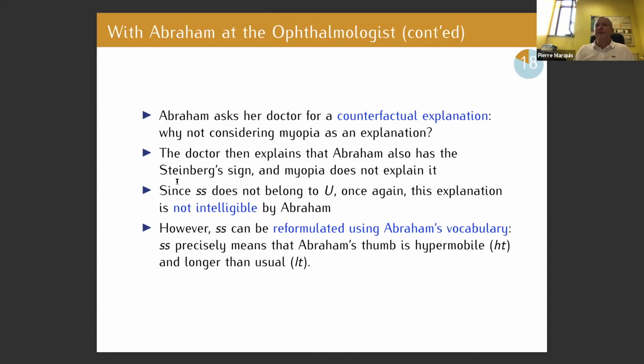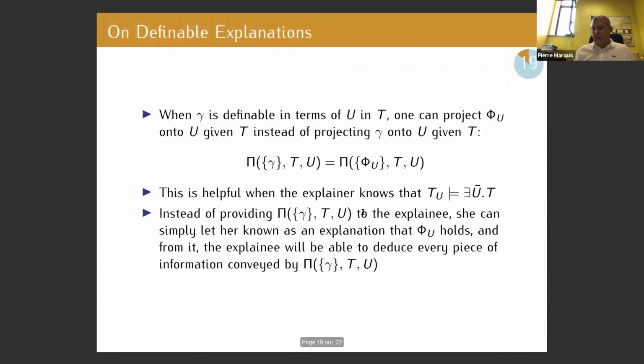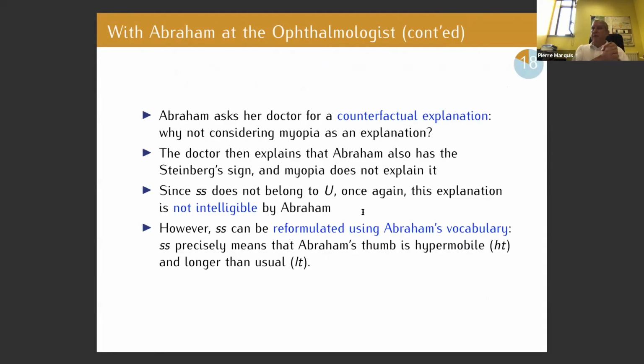But of course, Steinmetz's sign is just like Marfan syndrome. It cannot be understood by the user, by Abraham. So it is not intelligible. But this time, it can be reformulated using Abraham's vocabulary. We have an equivalence. Steinmetz's sign is precisely when the thumb is hypermobile and longer than usual.